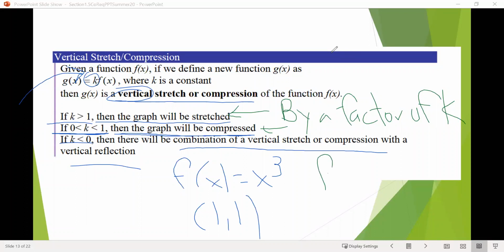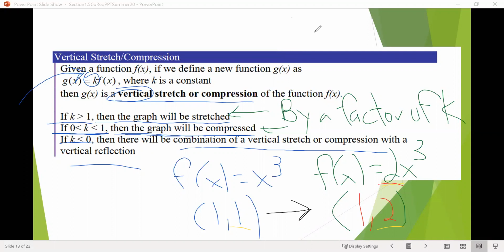When we stretch that by a factor of k of 2, so we multiply by 2x cubed, the 2 is on the outside, so it doesn't impact the inputs, it impacts the output. The input stays as 1, but the output gets multiplied by that factor of 2, so it becomes 2. So the point (1, 1) on the function f of x equals x cubed got stretched to the point (1, 2). Notice that the multiplier from 1 to 2 was the value of k, which was 2.